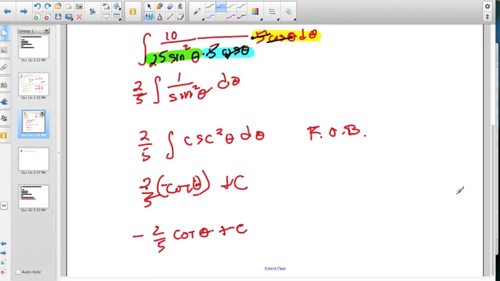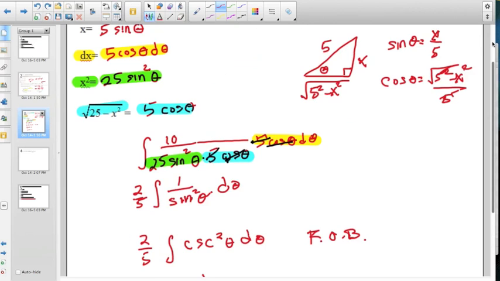Then we also have to do the substitution back into terms of x. If we come back up here and talk about cotangent, cotangent is the reciprocal of tangent. If tangent is opposite over adjacent, this is adjacent over opposite. So cotangent of theta is going to be adjacent, which is the radical, over opposite, which is x.